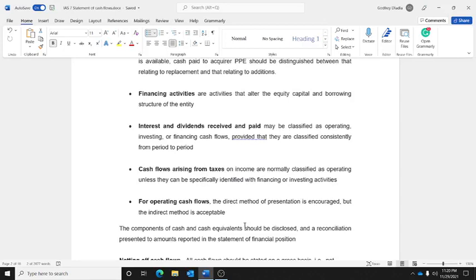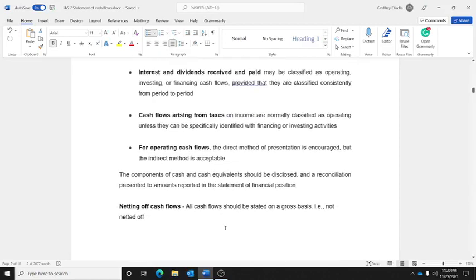Cash flows arising from taxes on income are normally classified as operating unless they are specifically identified with financing. Right. For operating cash flow, the direct method of presentation is encouraged, but indirect is acceptable. Right. The components of cash and cash equivalents should be disclosed and a reconciliation presented to amounts reported in the statement of financial position.